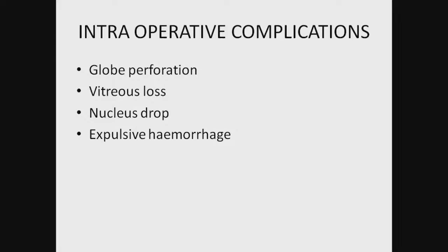And when there is a tear in the posterior capsule, the vitreous behind the posterior capsule will come into the anterior chamber, and your surgery is now disturbed. Your steps are now disturbed. With vitreous loss, you have to do a vitrectomy. Then if possible you can do the IOL implantation, or otherwise you can postpone the IOL, just do the vitrectomy and leave the patient for a secondary IOL.